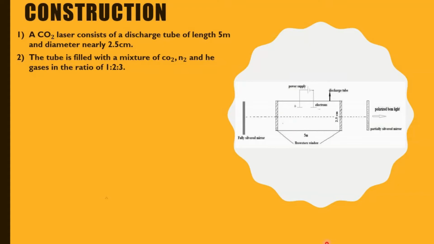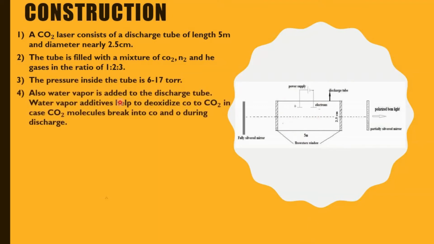Okay. So now the third point is the pressure inside the tube is 6 to 17 torr. Now the fourth thing states that water vapor is also added to this discharge tube. So what happens when water vapor additives help to deoxidize CO to CO2 in case CO2 molecules break into CO and O during discharge.